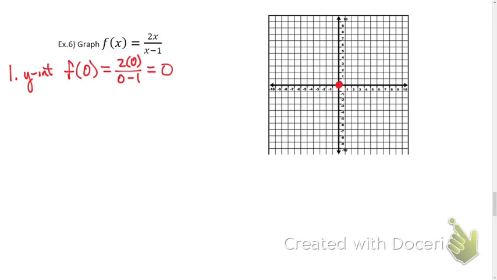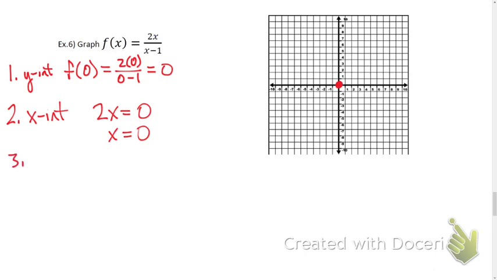Pretty similar for the x-intercept on this problem. It's not always like this, but in this case it is. So if you look at the top of the page, it says set the numerator equal to 0 and solve. So when we solve that, we get 0 again. You still have to write it, but the dot is already made.